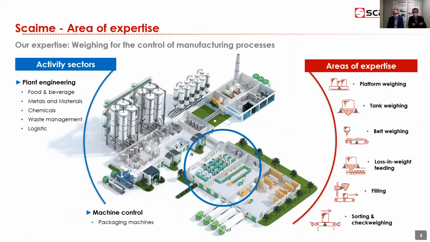So at first, very shortly, the area of expertise of Scame for process weighing applications. We are active in different sectors of activity. We have solutions for plant engineering, so for food and beverage applications, metal and material production, the chemical industry, waste management, and logistic applications.